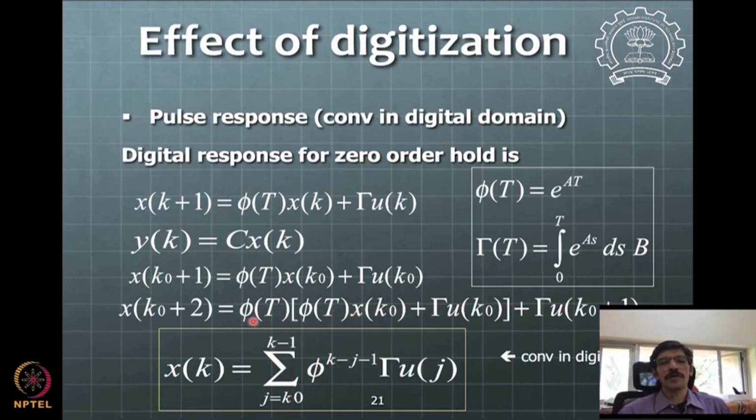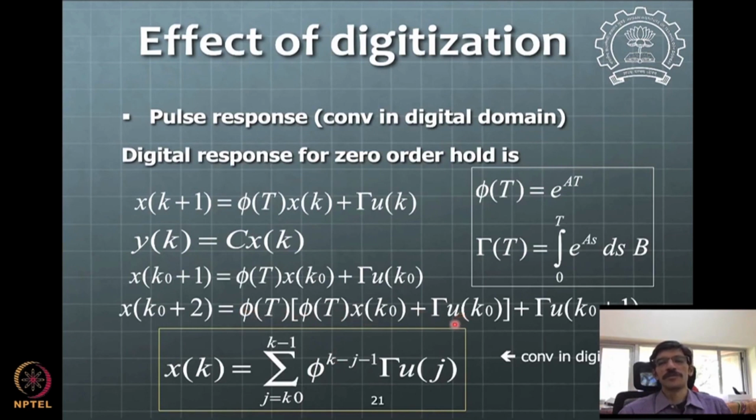Now you see this power here, this is phi square coming here, or a k0 plus 2 kind of a thing, and that's how this will become now. You just see this carefully. For each term there will be higher and higher powers coming up for phi and psi here.